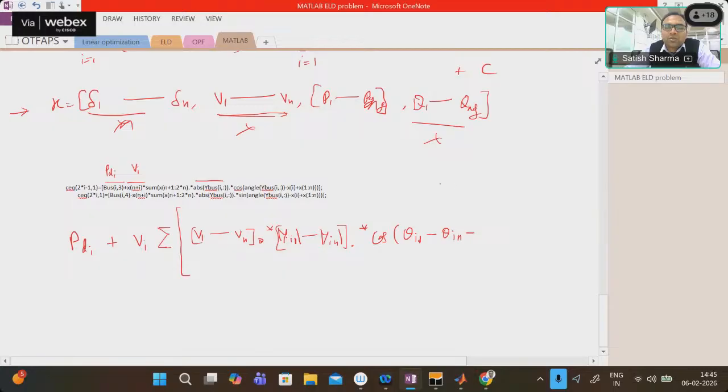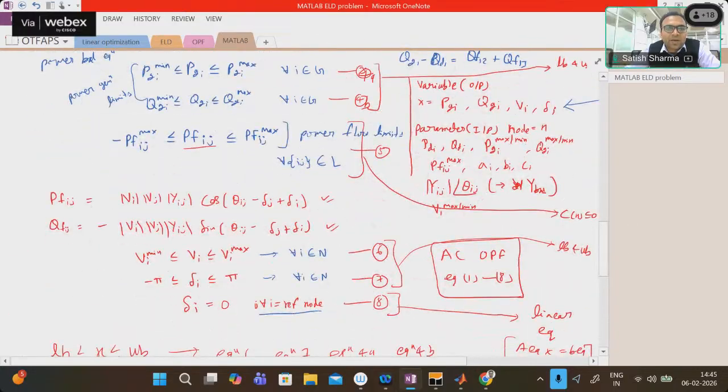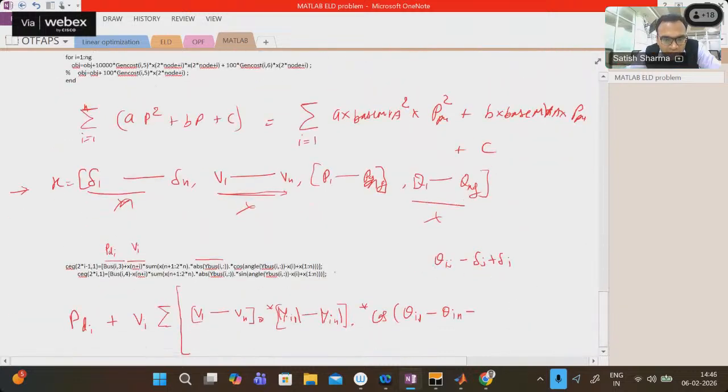Generally we write it as theta_ij minus delta_j plus delta_i, or the other way around: minus theta_j plus delta_i. So we are also writing it like this, minus x_i plus all the other x_j. It was a summation over j, and we are trying to solve this particular part.